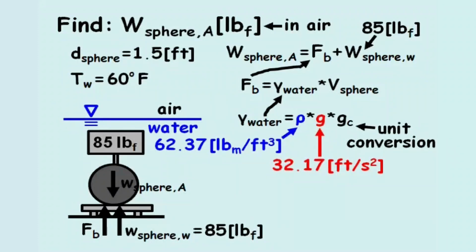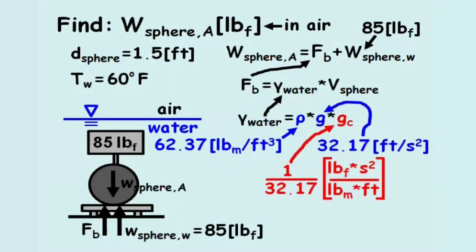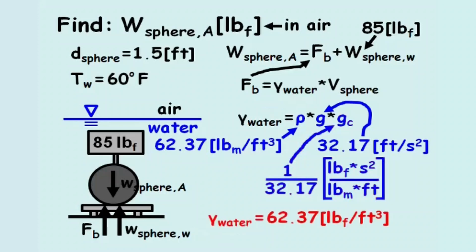And the unit conversion, gc, equals 1 over 32.17 pounds force seconds squared per pounds mass foot. Therefore, the unit weight of water computes to 62.37 pounds force per cubic foot.